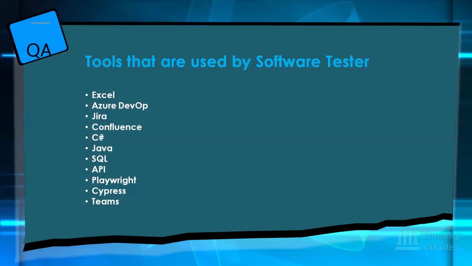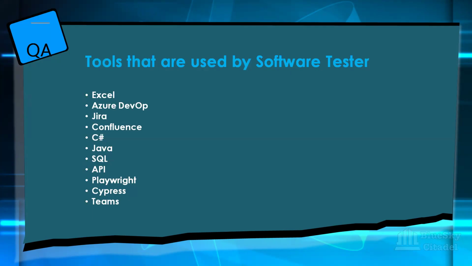Touching on the tools that are used by software testers, these are some of the tools amongst others. Excel. Most companies don't use Excel anymore anyway, but Excel is mainly used for manual testing. Apart from that, you can also use Excel for other things, so it's essential to know Excel.